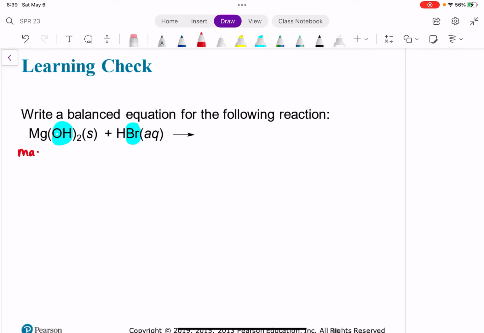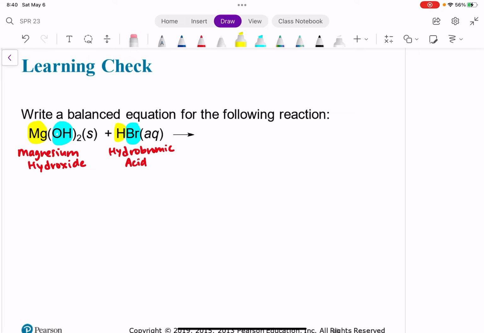This is magnesium hydroxide, and this is hydrobromic acid. How did I know that was the acid? Well, that's got that H. And I knew this one was the base because it has that OH-.